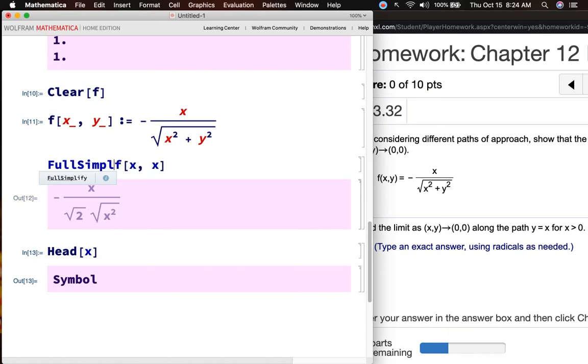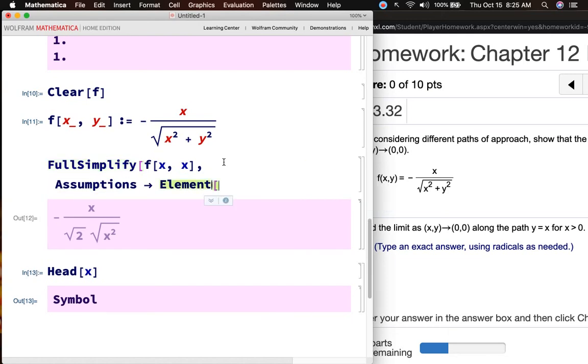FullSimplify. I could simplify this myself without Mathematica because I realize the square root of x squared is equal to x. However, there is also the issue of whether x is positive or negative. So let's see what we can do. Assumptions, element, x belongs to the reals.